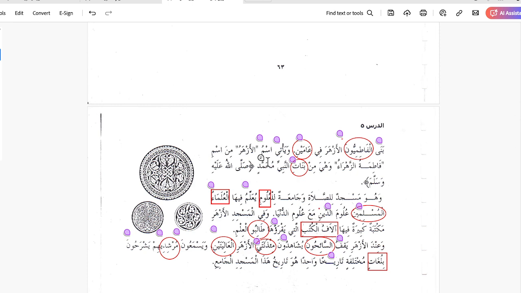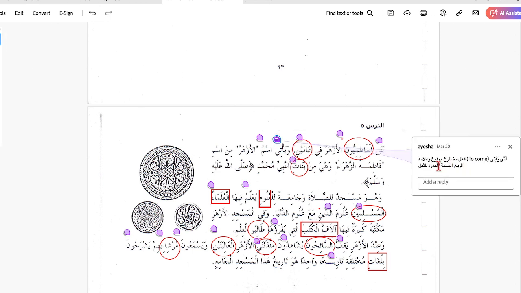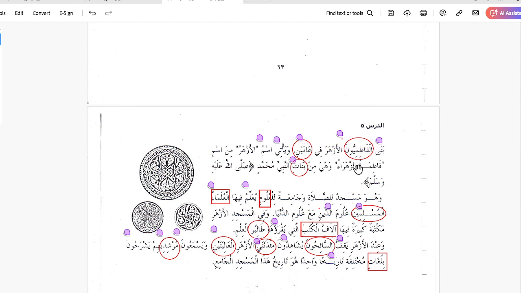Wa yati, yati has come again. Ata yati, so it is the fail mudare marfoon. So yati is failun mudariun marfoon walamatul rafi ad-dammatil muqaddara lis-sikl. So it is actually yati, but we don't see it because this is the weak letter here, ya.